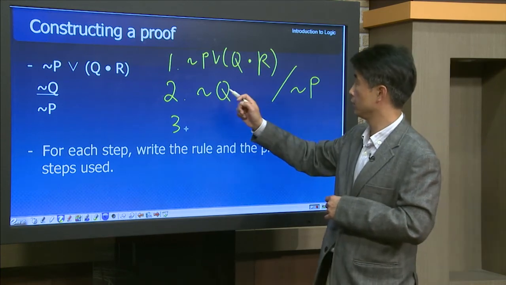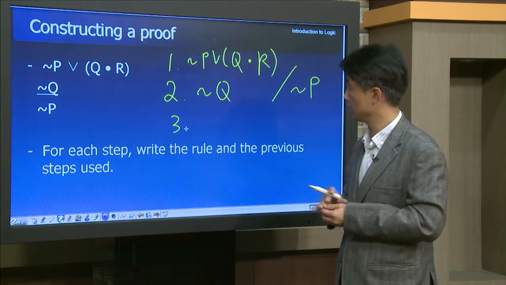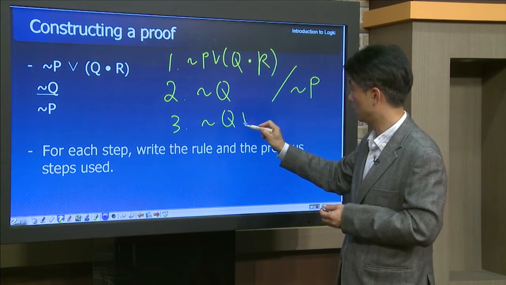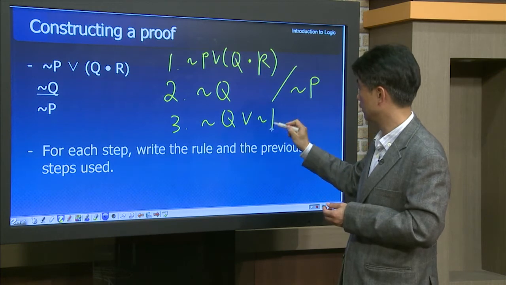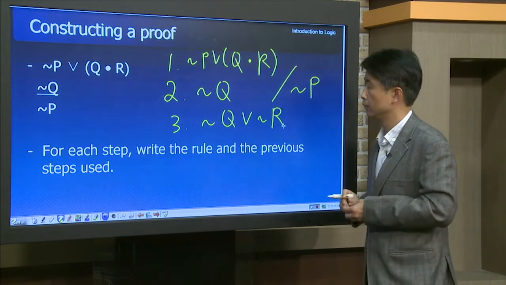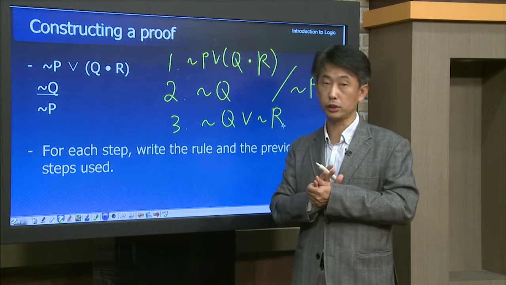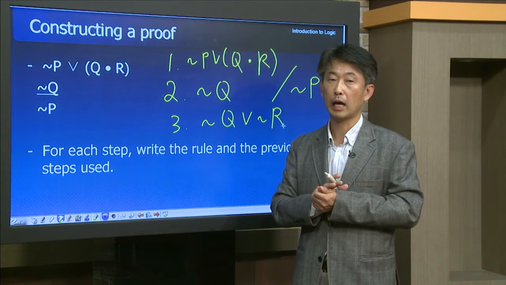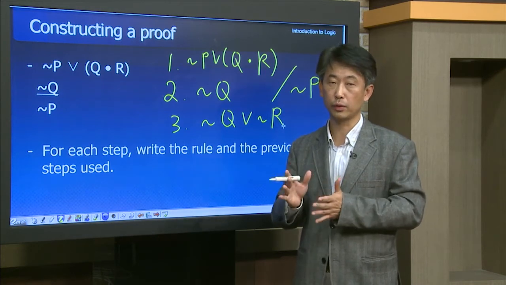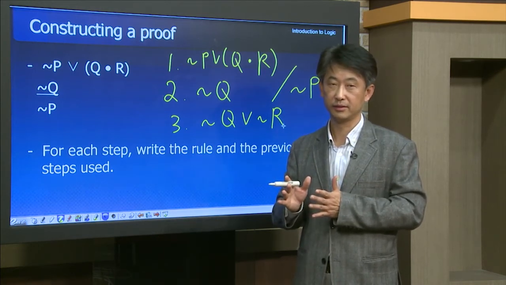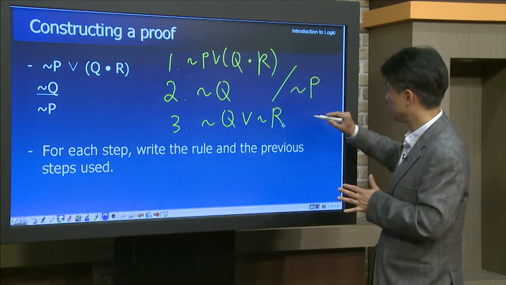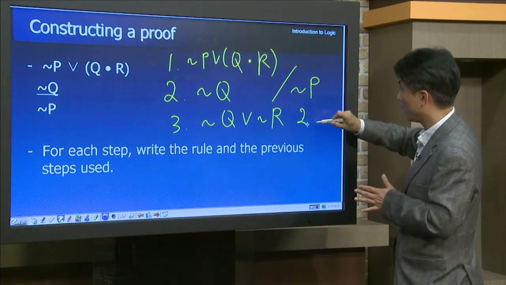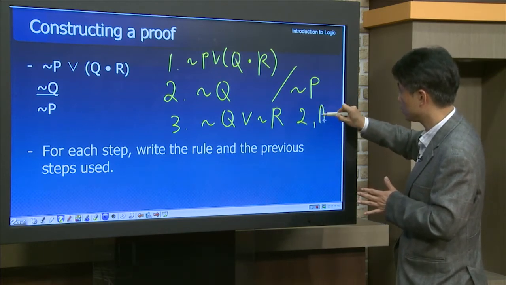I look at this and I think that I can add not Q or not R, because look at the rule addition. The rule addition says I can add any statement whatsoever by wedge. So this is from number 2, and I have used the rule addition.